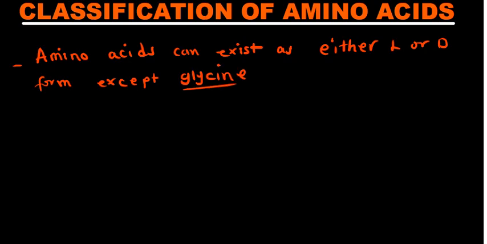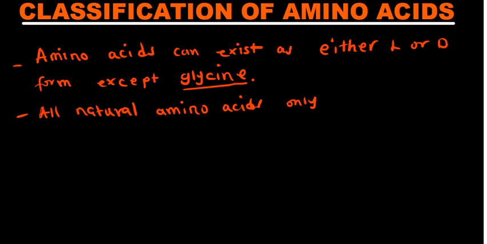So glycine is the only amino acid that can't have isomers. But all natural amino acids only exist as L forms.